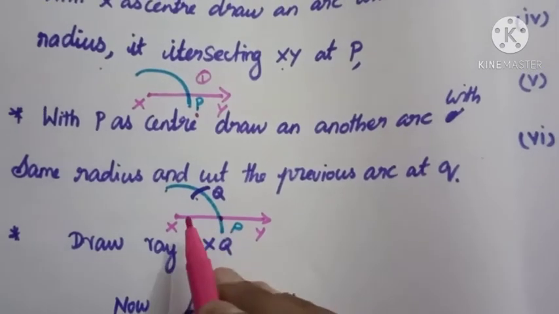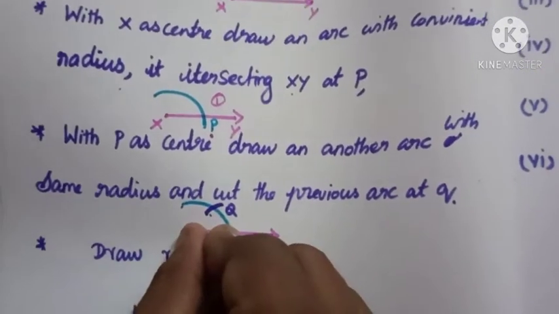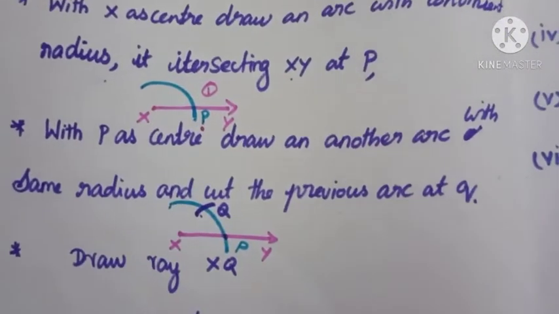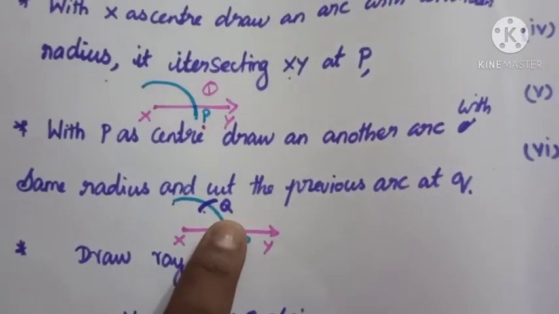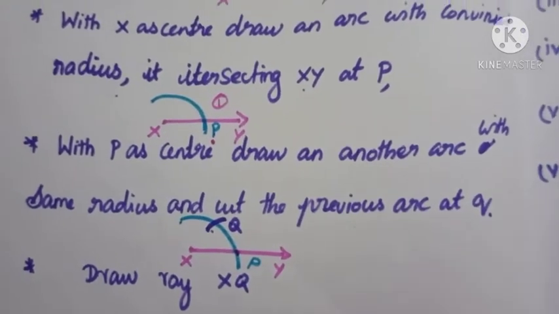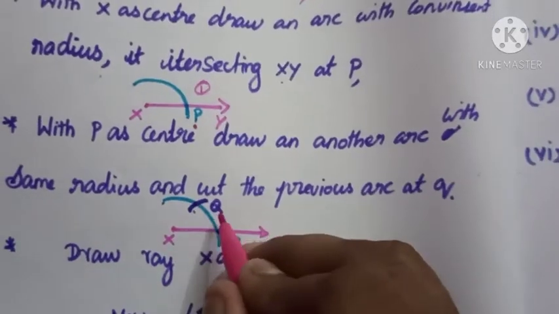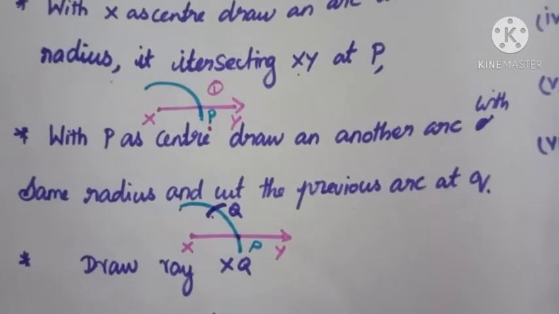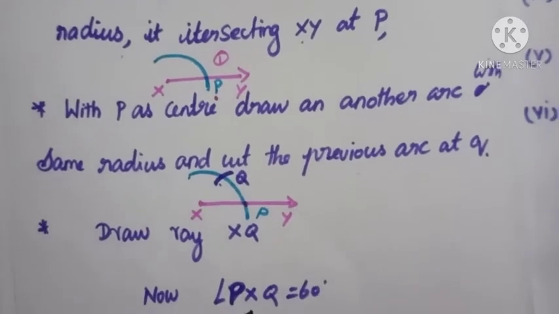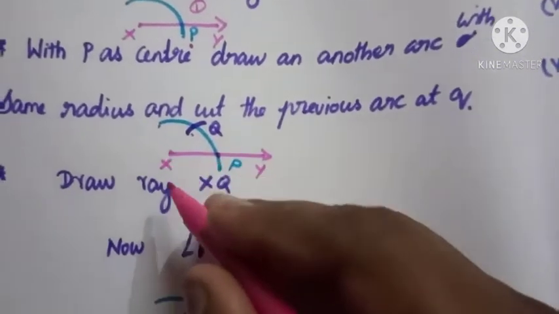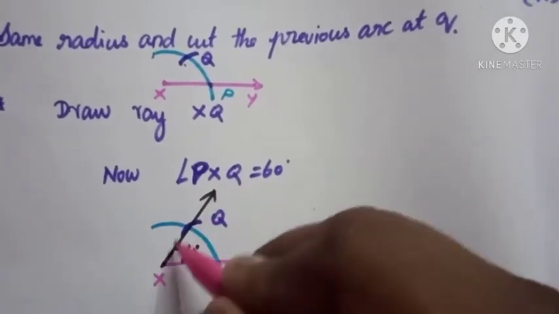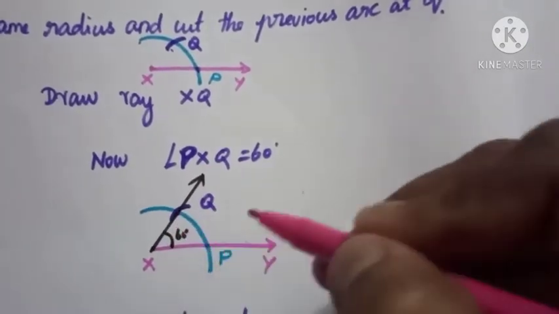With the same radius, I just draw another arc to cut the previous arc at the point Q. Now next I join, means draw ray XQ. I just join Q and X as a ray XQ.